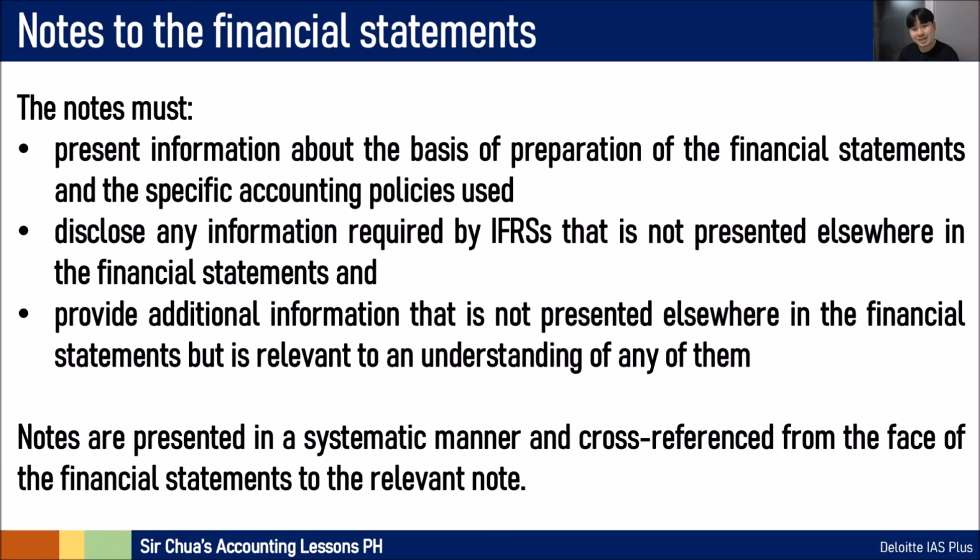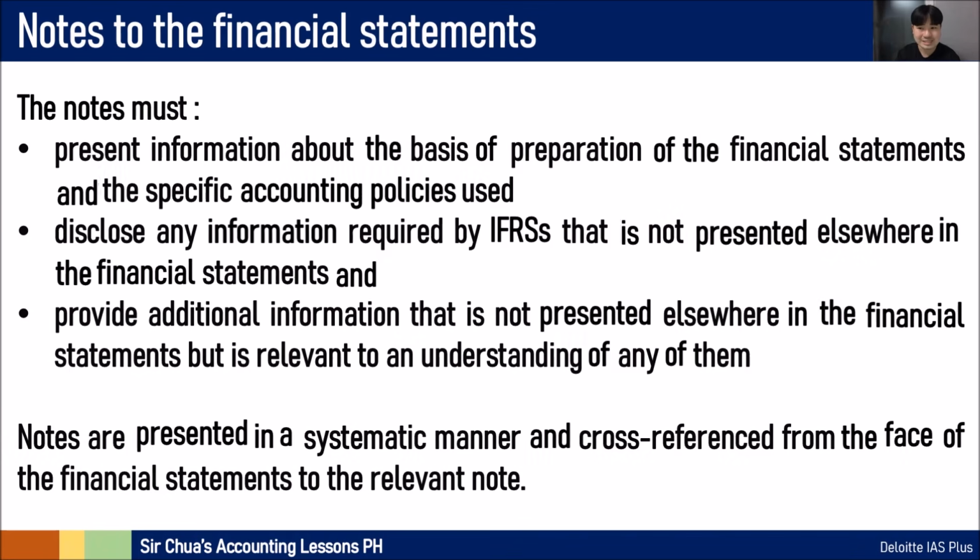Maiintindihan ko na in detail ano po ba yung detalye ng cash and cash equivalents. Cash on hand, cash in bank, cash in working funds, ganun. Yun po yung cross-referencing niya from the face of the financial statements going to the relevant note.